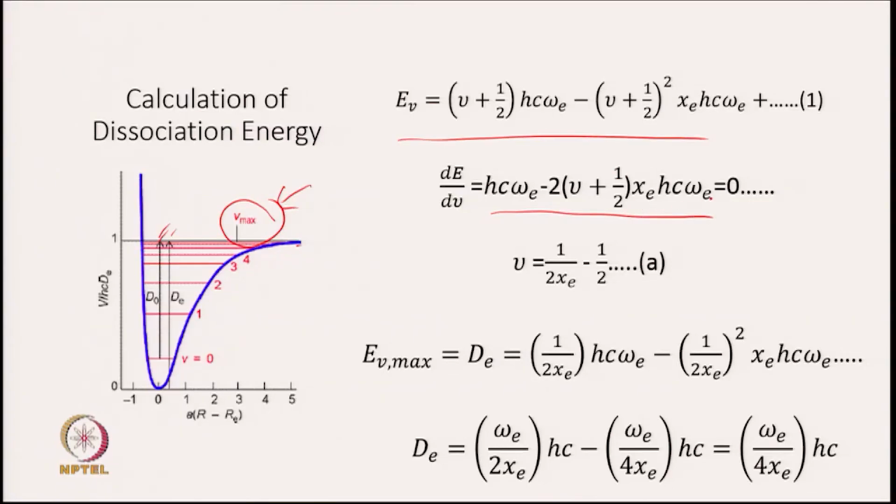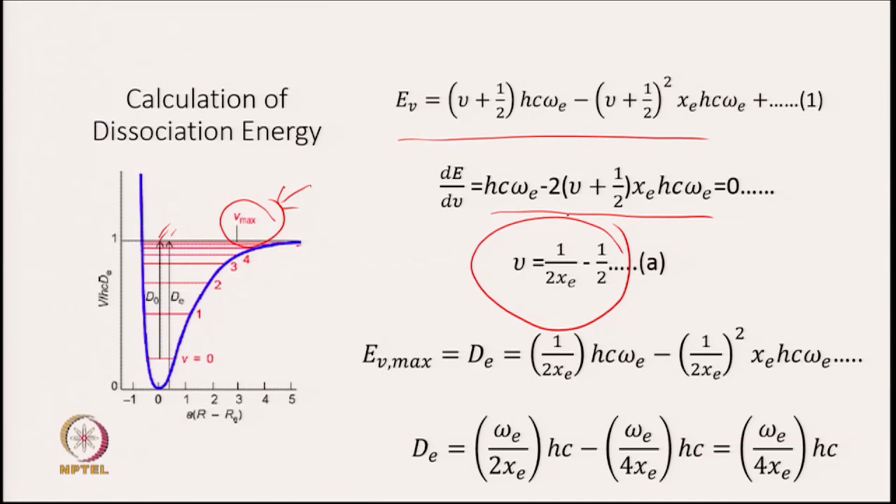Higher terms are neglected, and that should be equal to 0 if we want to know the V level where energy is maximum. When we do that, we get V equal to 1 by 2 x_e minus half, and this is V max.